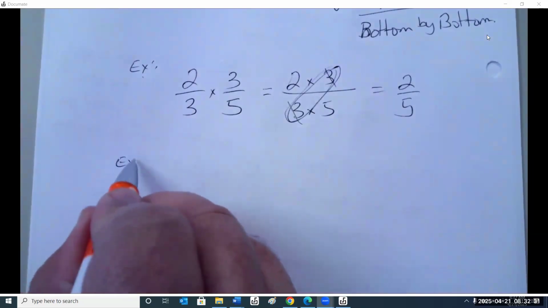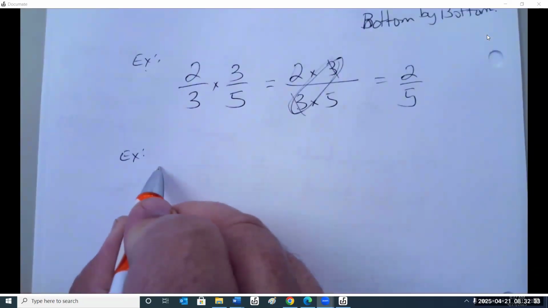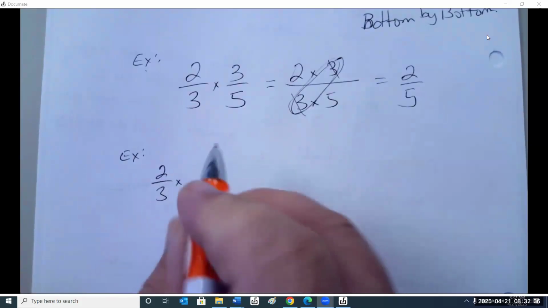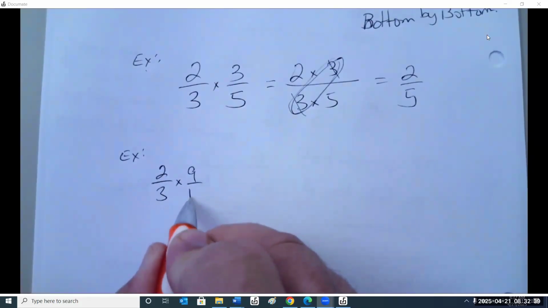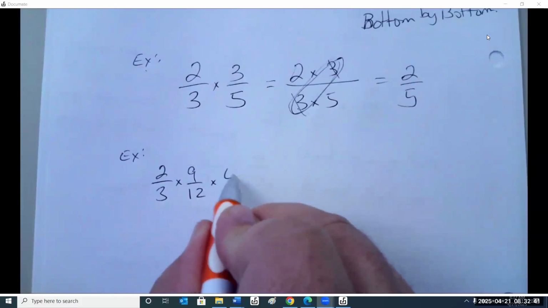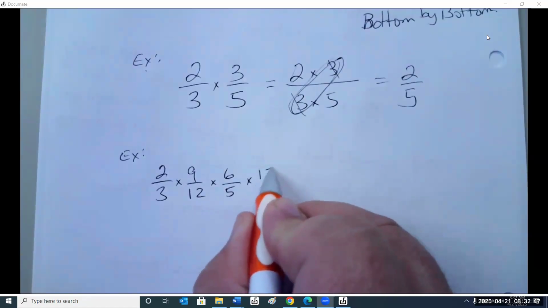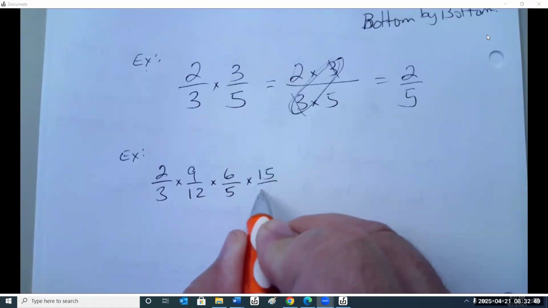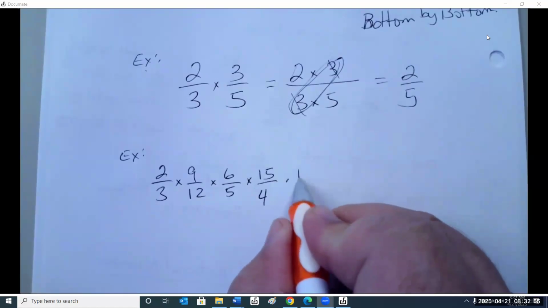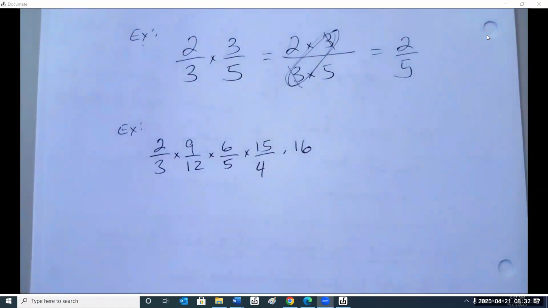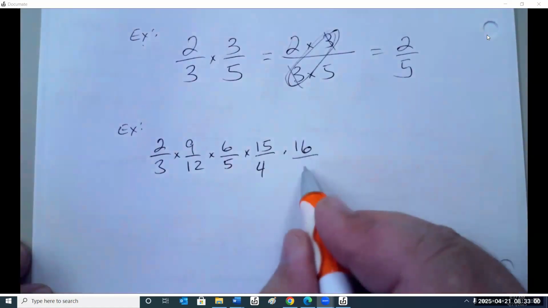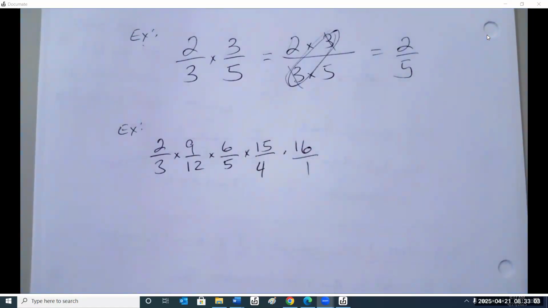Here's another example. It looks like a pain.